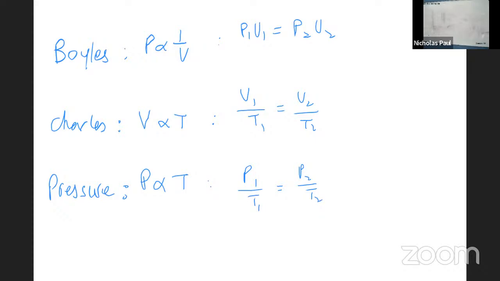In Boyle's law, what was constant? Temperature was constant. What was constant in Charles' law? Pressure, nice.